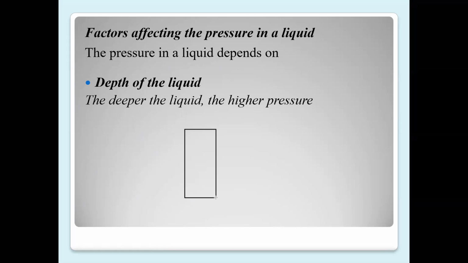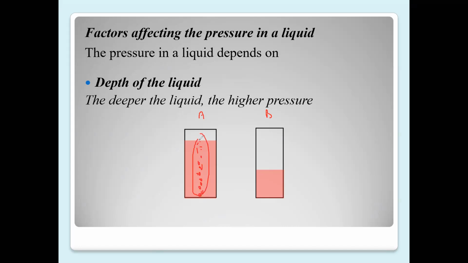Example, you have two containers which are filled with the same type of liquid but at different depths. So when you compare the pressure, because it consists of the same kind of liquid but at different depths, because of the greater depth, there are more particles above.